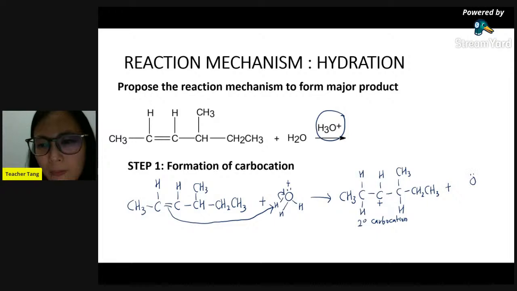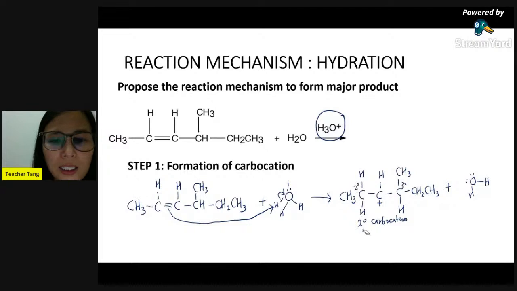And water. Okay, look at the neighbor. So neighbor here, tertiary. This one, secondary. Okay, so this is secondary. So not possible to go to the secondary. It will go to the tertiary.